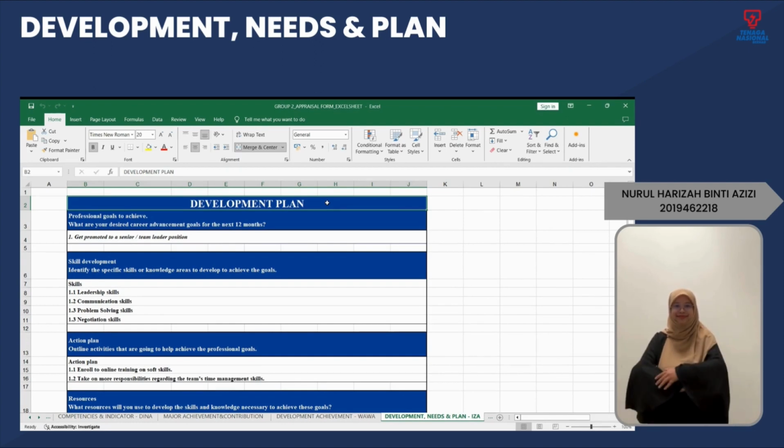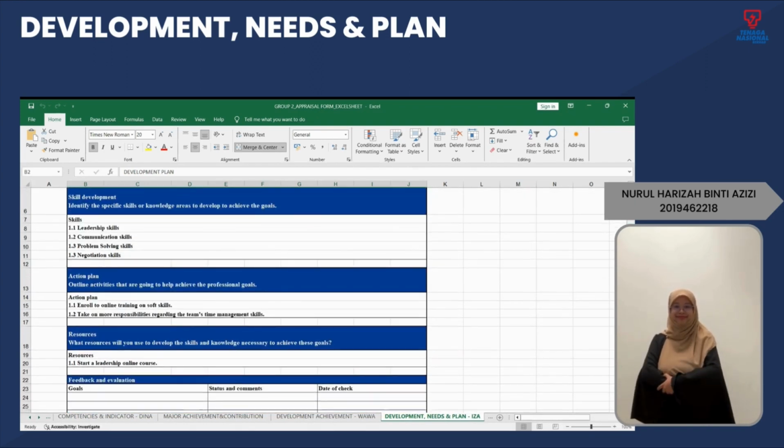The managers propose that this customer service officer needs to have leadership skills, communication skills, problem-solving skills, and negotiation skills. The action plan that managers set up for this customer service officer is to enroll him into online training on soft skills and take more responsibilities regarding team management skills.